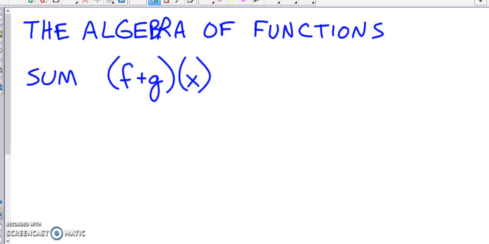Yeah, take f and take g and add them together. So literally this is f of x plus g of x.